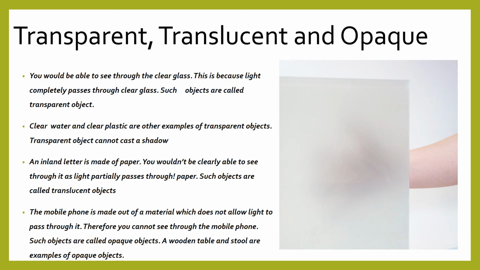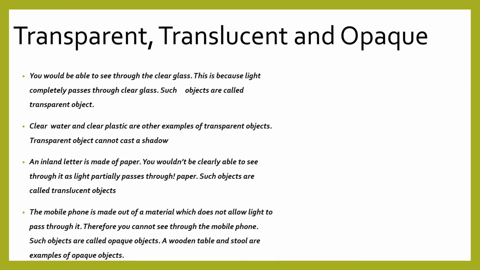So such objects are called translucent objects. In this picture, can you see? You can see that there is something behind. But what is that? That is not very clear. So this is a translucent object.